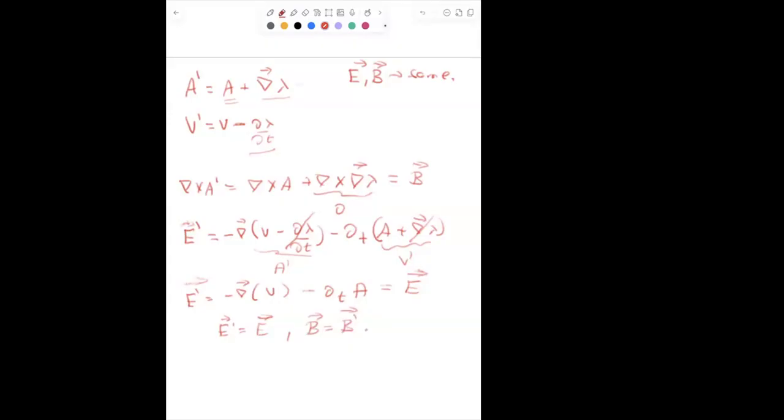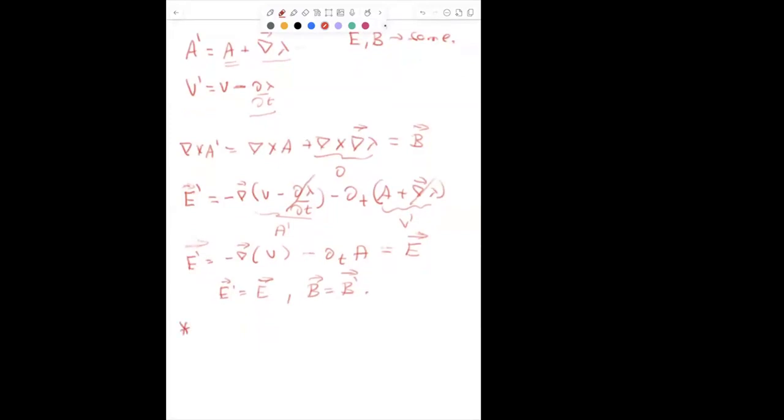We can ask the following question: what is the lambda that can be used to satisfy the specific Lorentz gauge? I'm not going to do this, but one can easily show by inserting that we get the following equation for lambda. Due to time, I'll skip a bit. It's very easy to prove.